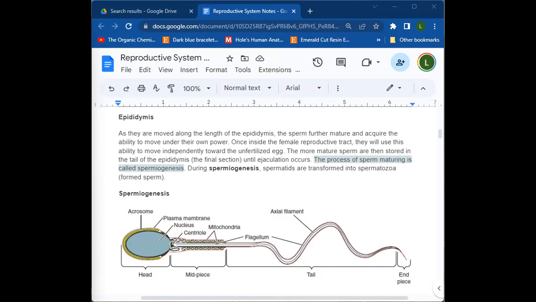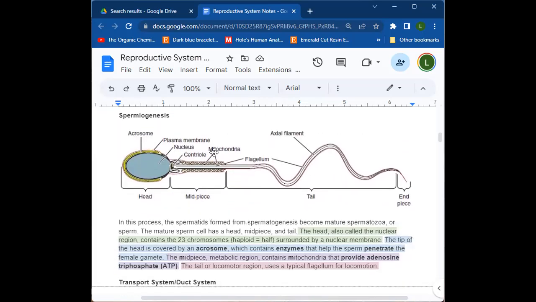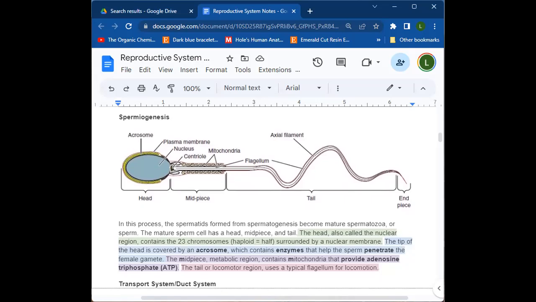The acrosome contains enzymes, and those enzymes are there to help penetrate the female gamete. We can remember that the M in midpiece is M for mitochondria.